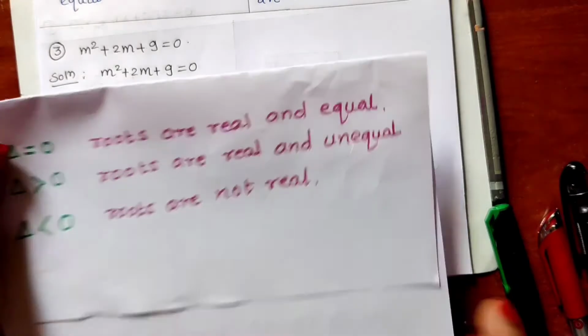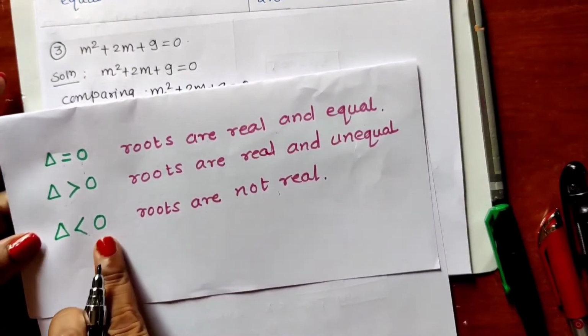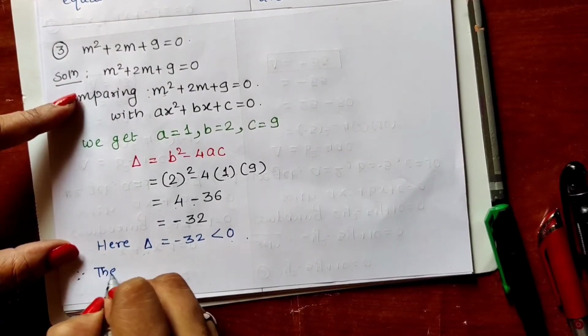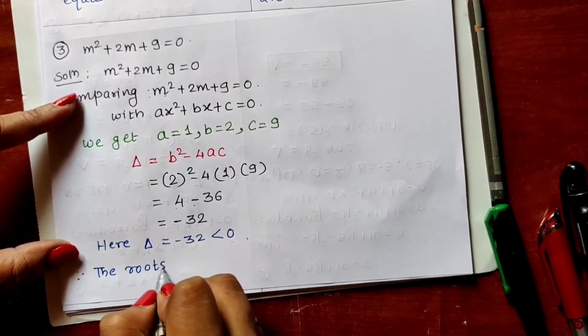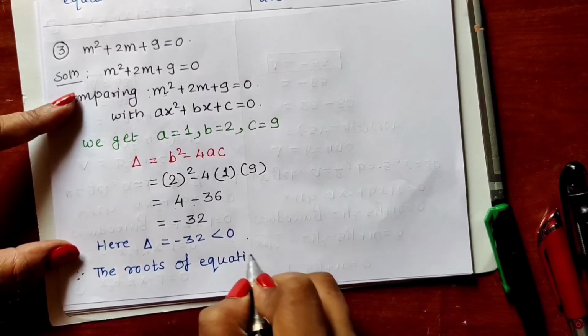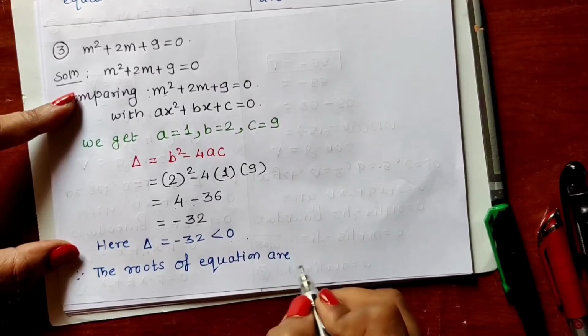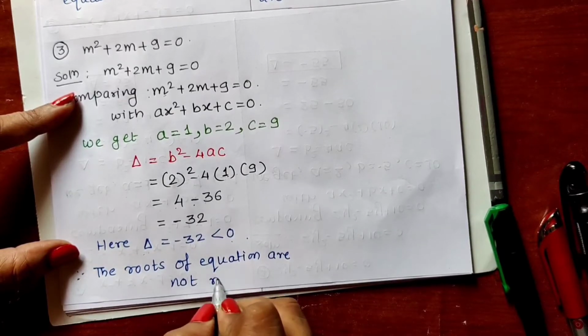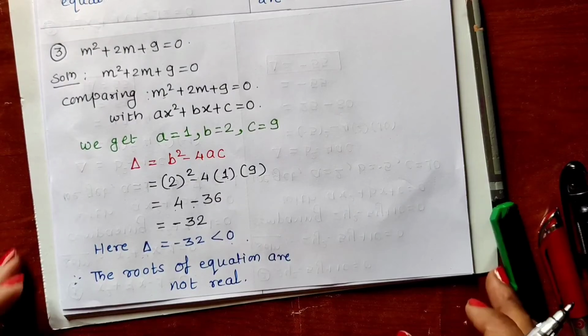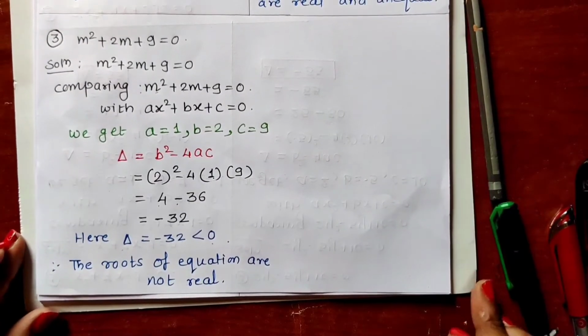Roots are not real. When delta is less than 0, roots are not real. So, therefore the roots of equation are not real. Okay, in this way we have to complete this question number 3 also.